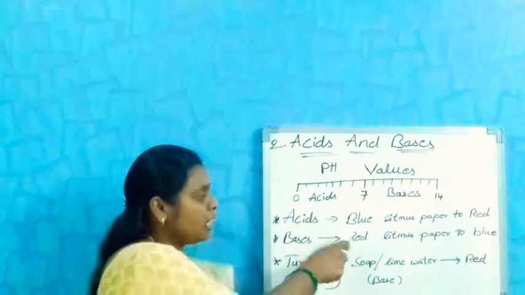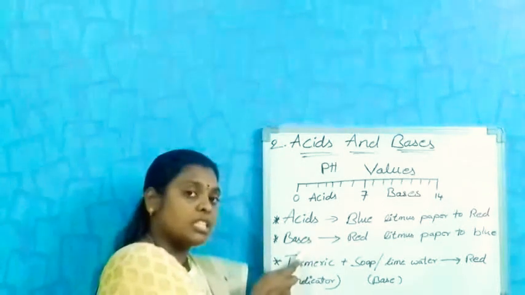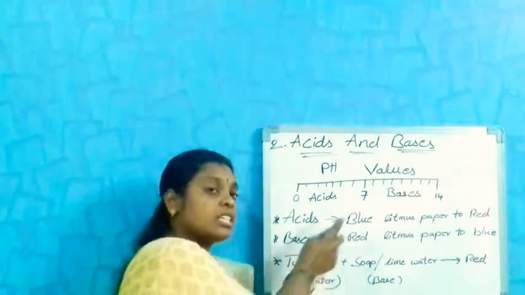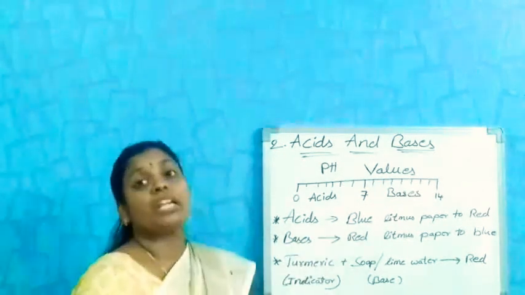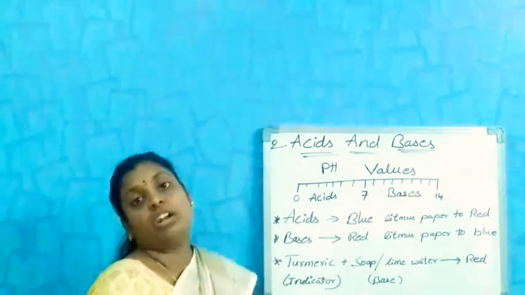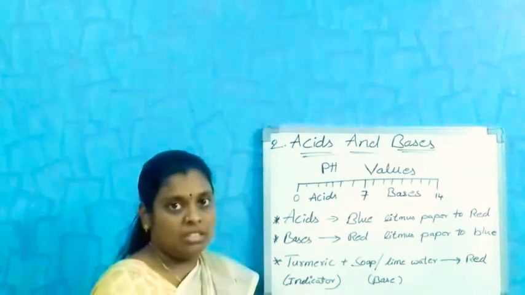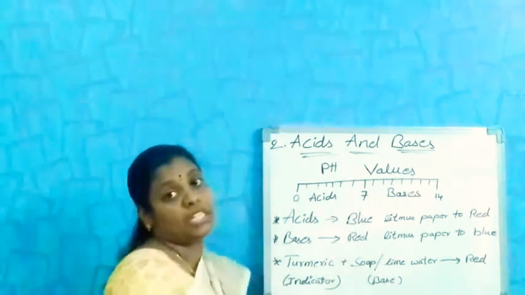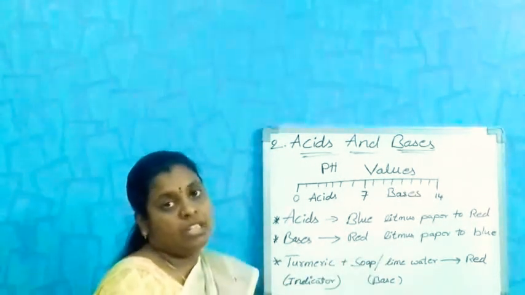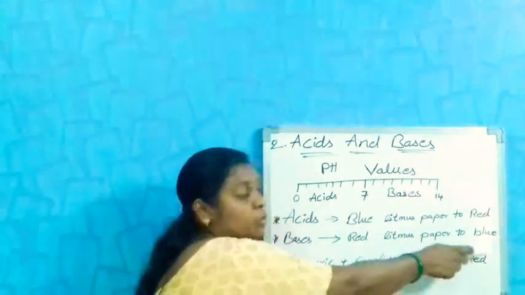If the given substance is a base, the resultant will give blue color. Here the blue litmus paper remains as it is. You cannot identify any color change. If you dip red litmus paper in that, if the given substance is a base, it turns to blue.